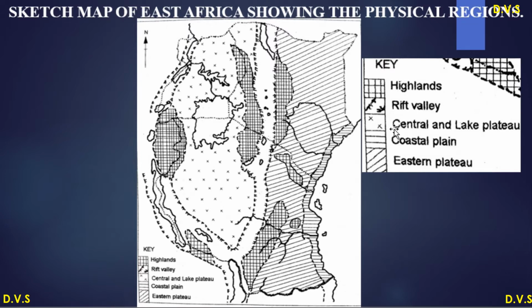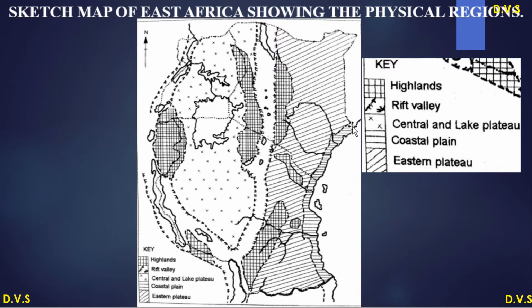Then the Central and Lake Plateau is this region here marked with stars, where we have the well-known lakes of Victoria and Kyoga. These are in the Central Plateau.